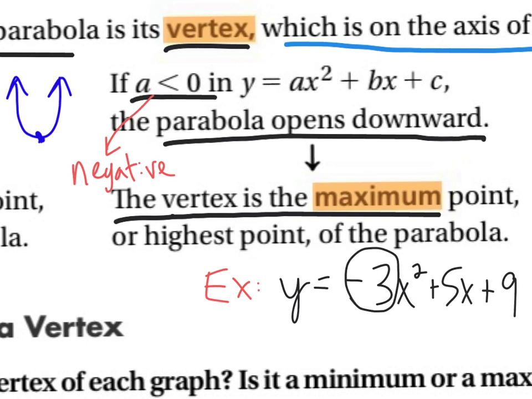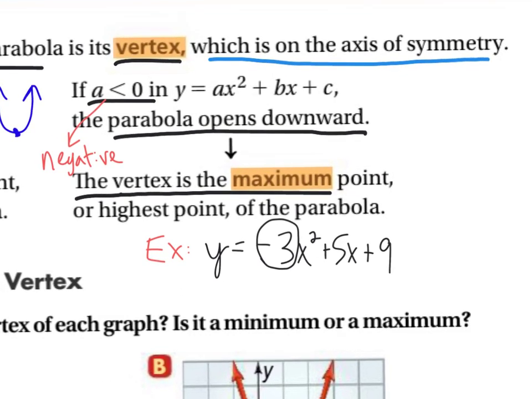So if the sign there is negative, then the parabola is going to open downward, like this, which means our vertex is going to be the highest point. Again, that vertex is right on that line of symmetry. It's going to open downward, and so the vertex is going to be the maximum point, the highest point on the graph.